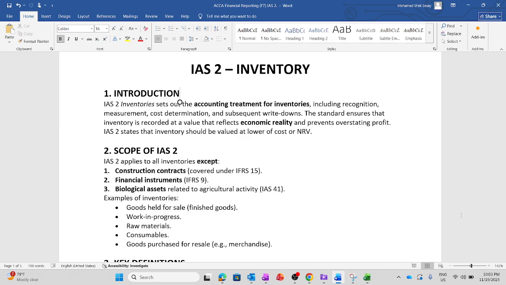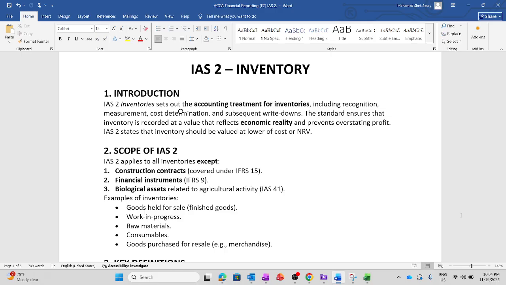So now, IAS 2 ensures that inventories are recorded at a value that reflects the economic reality and prevents overstating of profit. Very important concept that we need to know. IAS 2 states that inventory should be valued at the lower of cost or net realizable value.